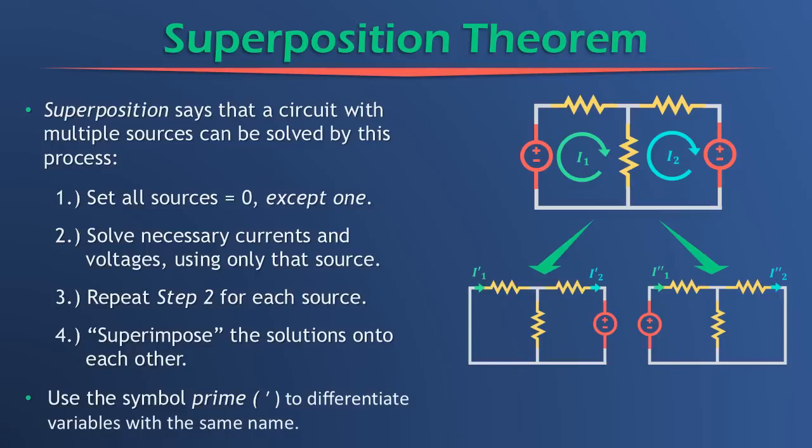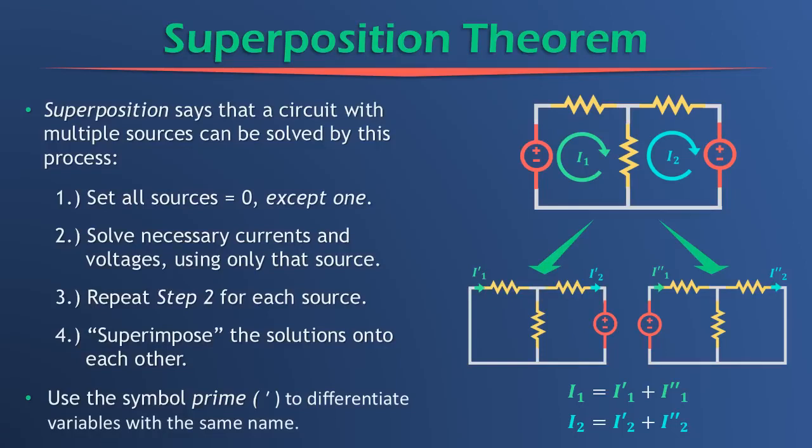And then in the right circuit over here, we've taken out this voltage source, and we solve for I1 double prime and I2 double prime. And then, at the end, the big finale, to actually find the real value of I1, all you do is add up I1 single prime plus I1 double prime, and you get the actual value for I1. Same thing for I2. So that's the process.